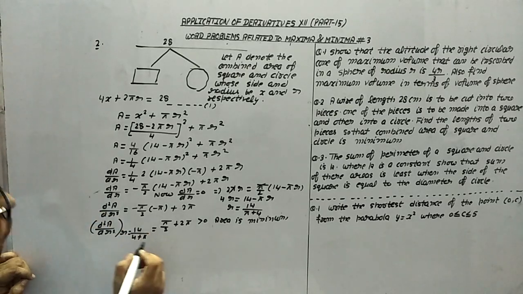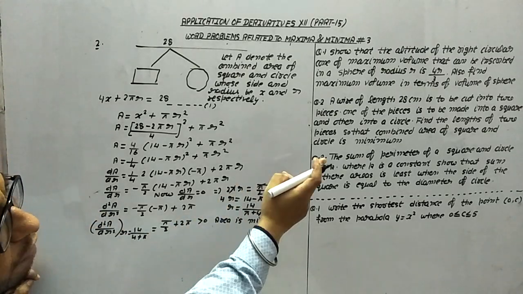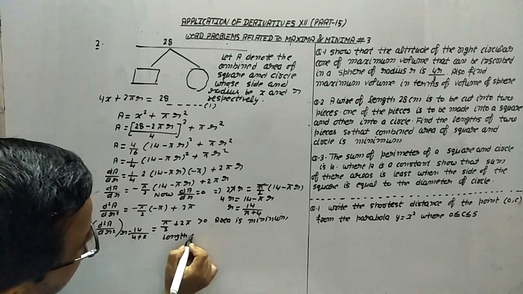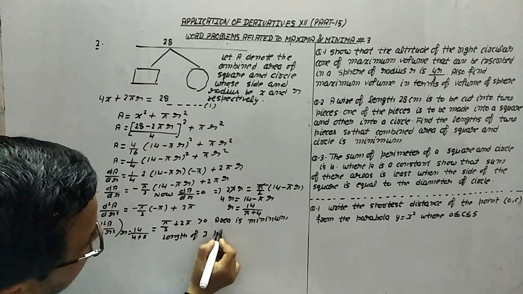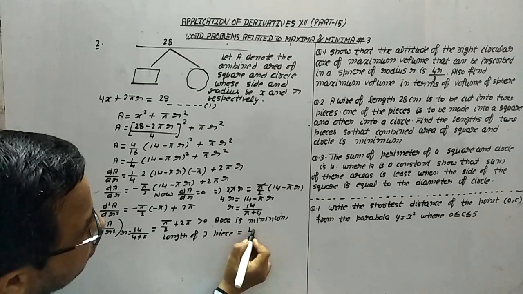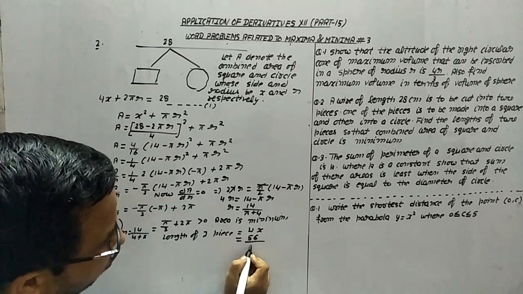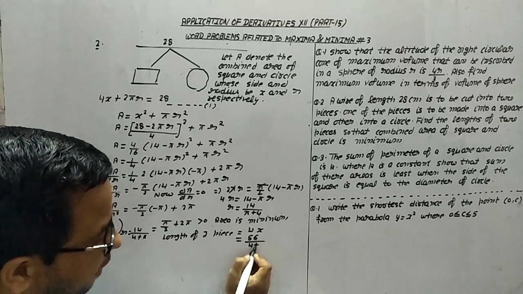Now first of all we will find out length. We have to find out the length of two pieces. What is the length of the first piece? 4x, it means this becomes 56 upon 4 plus pi.